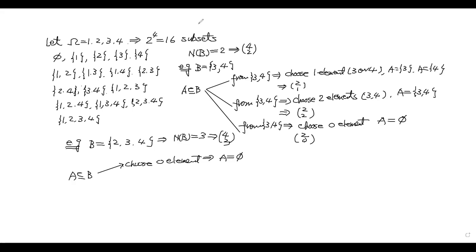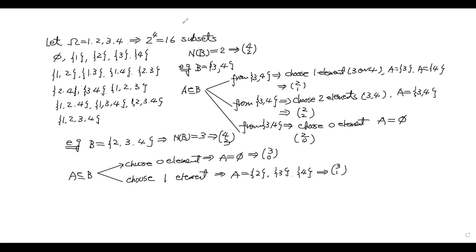Next, from this set I will choose 1 element. What are the A's here? A could be set 2, A could be set 3, A could be set 4, right? So how many chances is this?